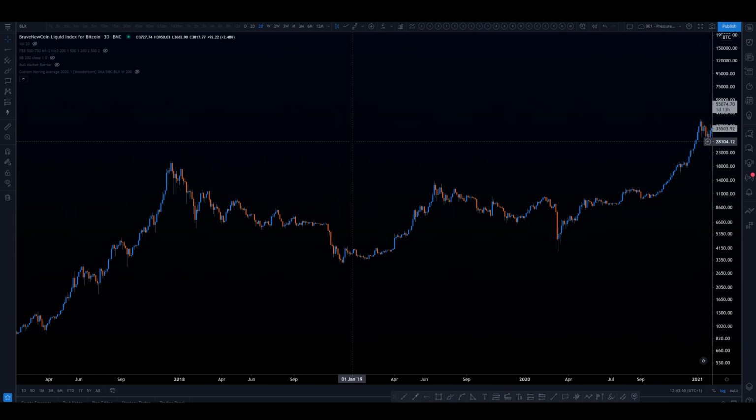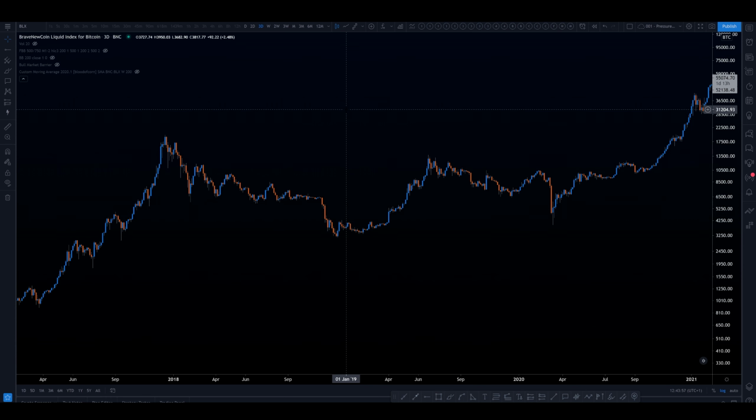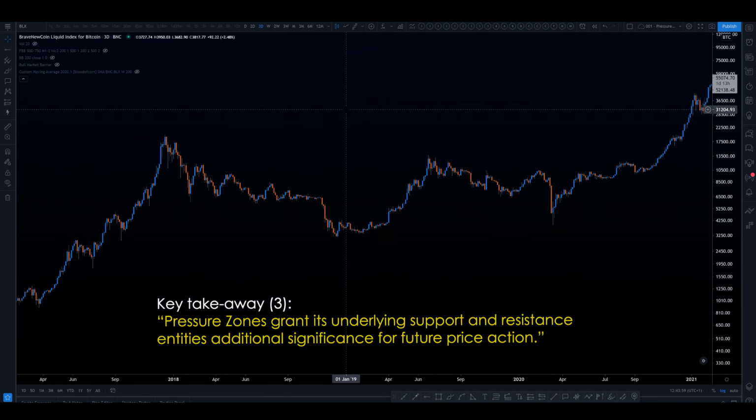The main takeaway here is that you have in pressure zones support and resistance entities, and if you see these have a clear significance for price action, these are shaping price action by pushing price up and down, you can expect these support and resistance entities to have significance in the future.